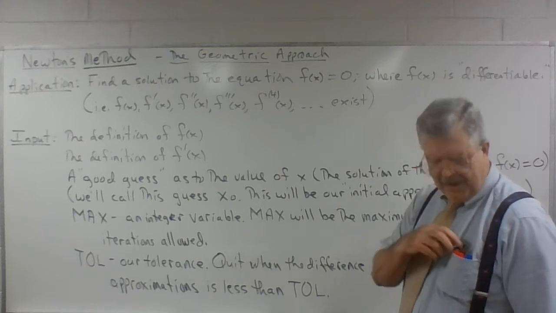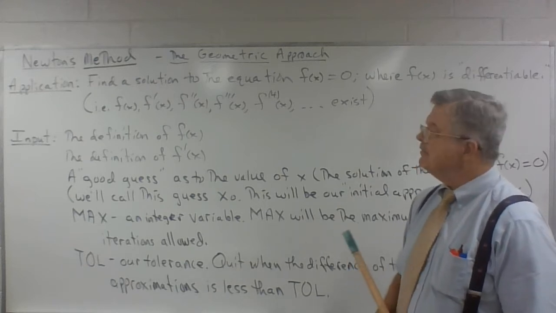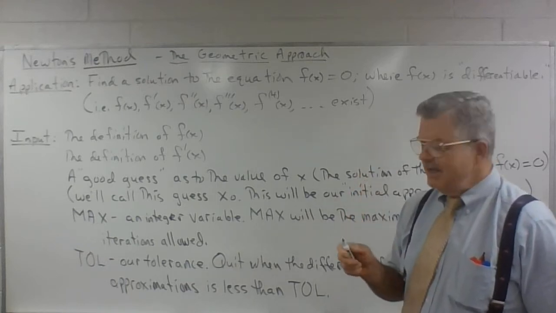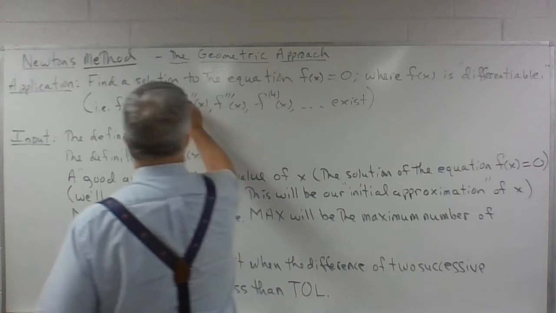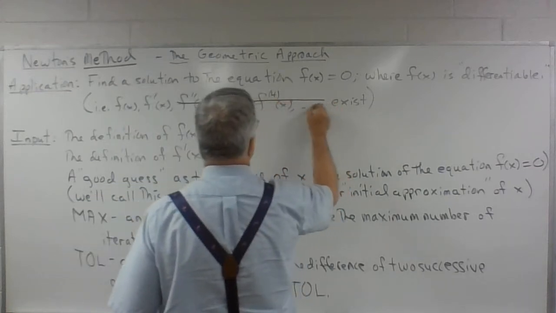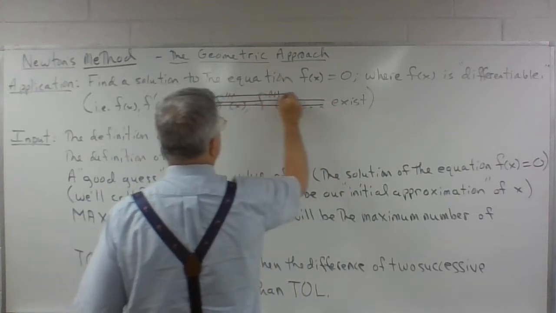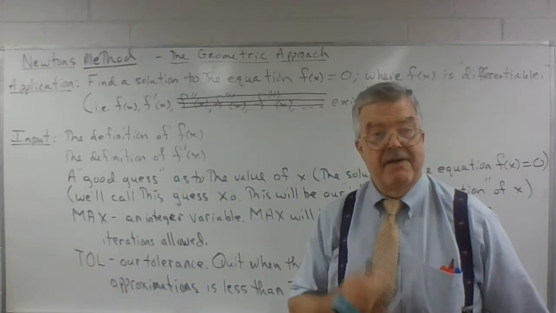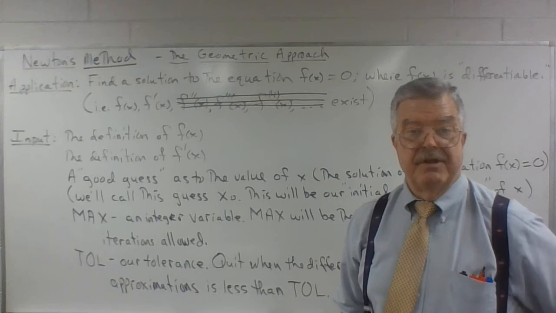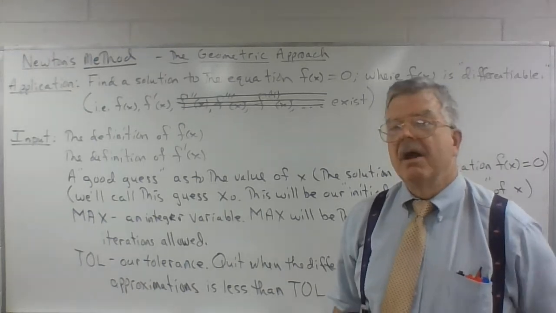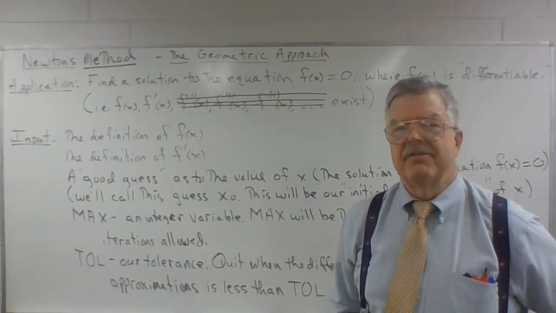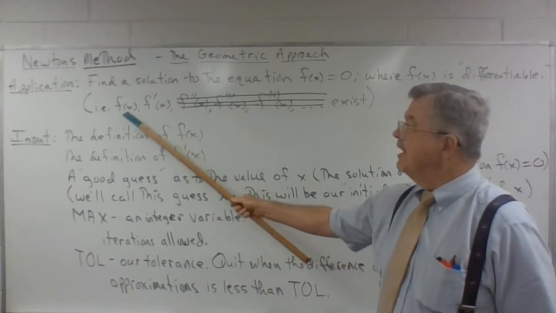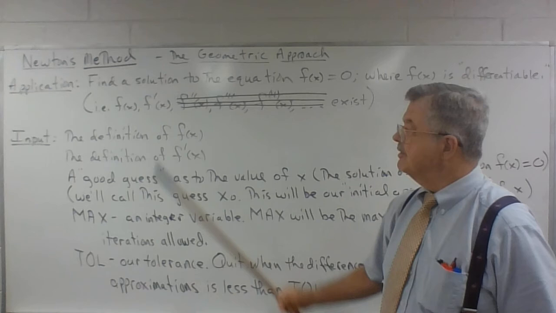Looking at it from the geometric perspective, we don't really need that much. We're just going to insist that f of x and the first derivative exist. We'll get the same exact method, but the only thing that we really need to require is that f of x and its first derivative exist.